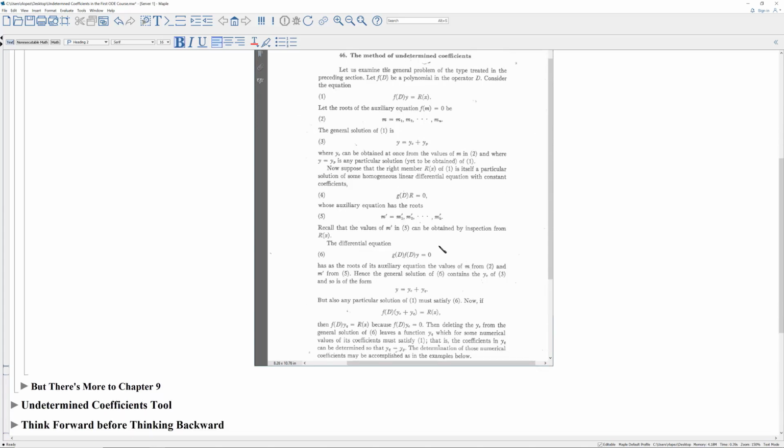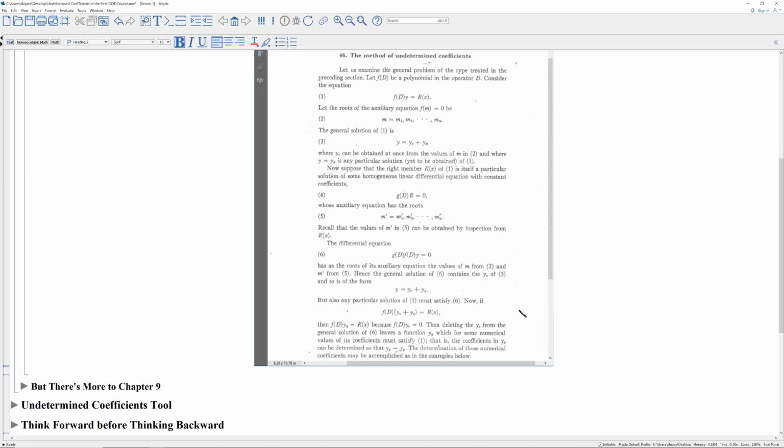And then he points out that if you apply that annihilating operator to this differential equation, the right-hand side gets hit with that annihilating operator, and it will be 0 on the right-hand side. So if you now get all the characteristic roots, which he calls auxiliary, you're going to have both the m's from here and the m primes from here.